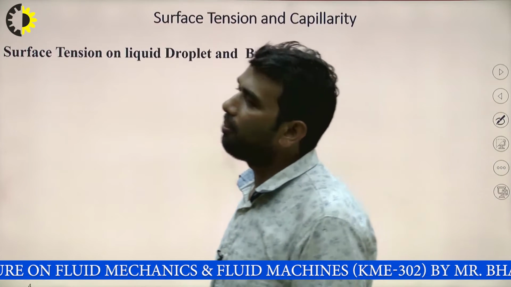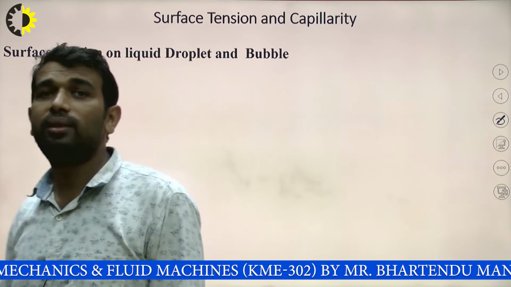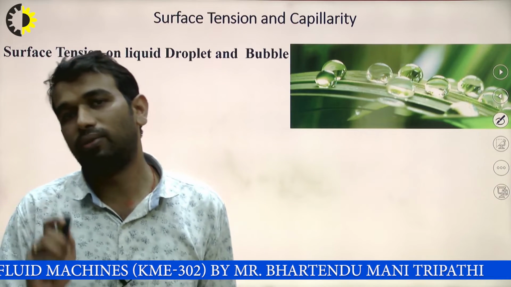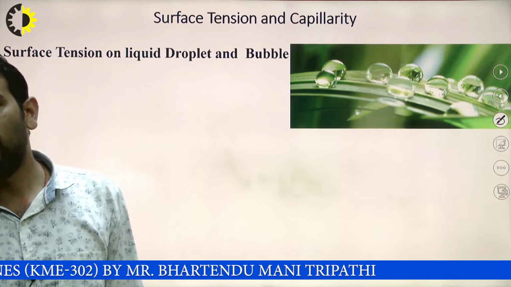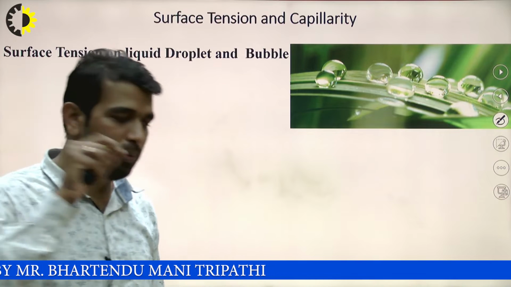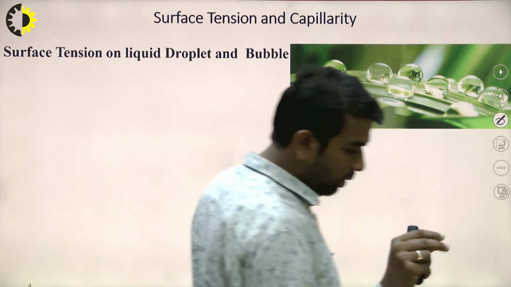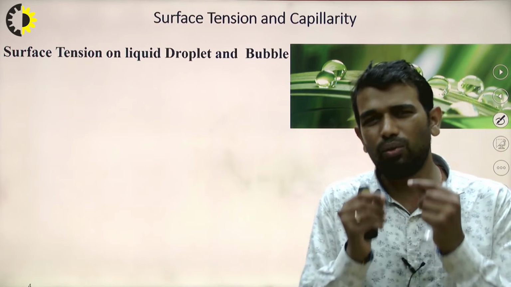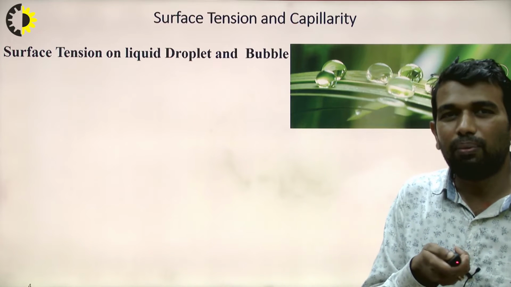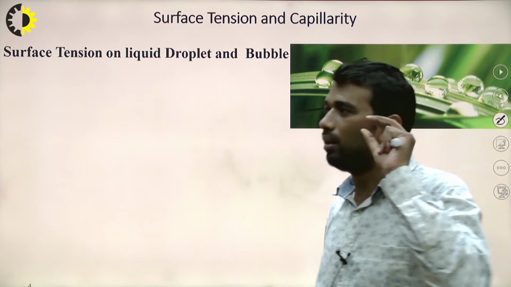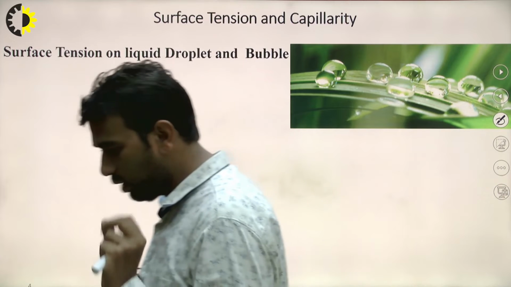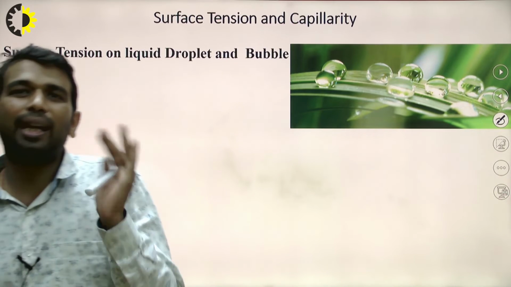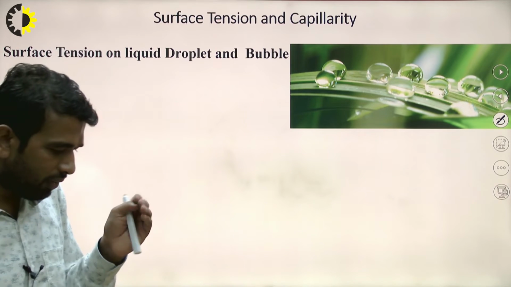Another example of surface tension is a phenomenon you can see in nature itself. If you drop some liquid on the surface of a leaf of any tree, you will find a droplet of the fluid being formed.